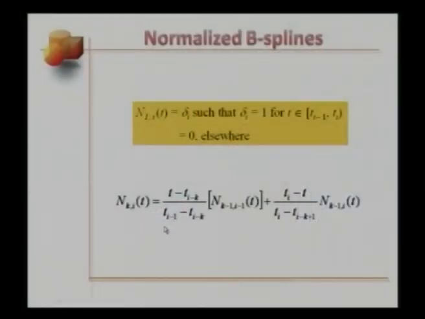If you recall, we had gone through a very tedious procedure to compute polynomial splines. In contrast, this is a much easier relation to work with when trying to code to compute B-spline basis functions, whether normalized or not normalized.